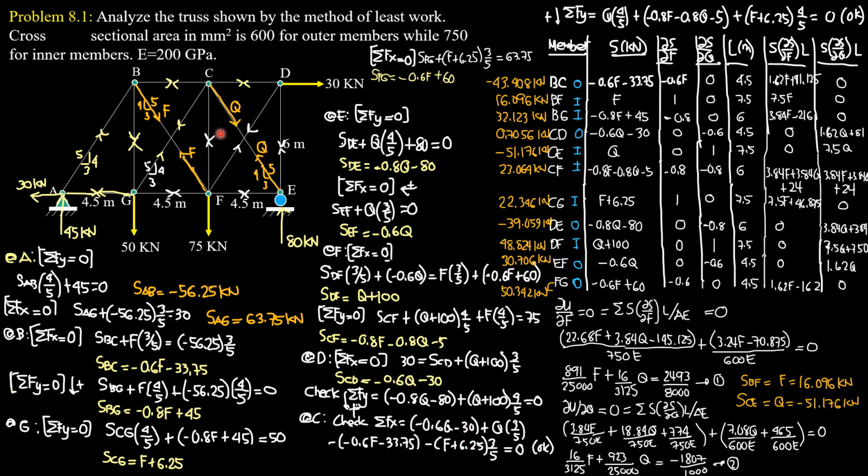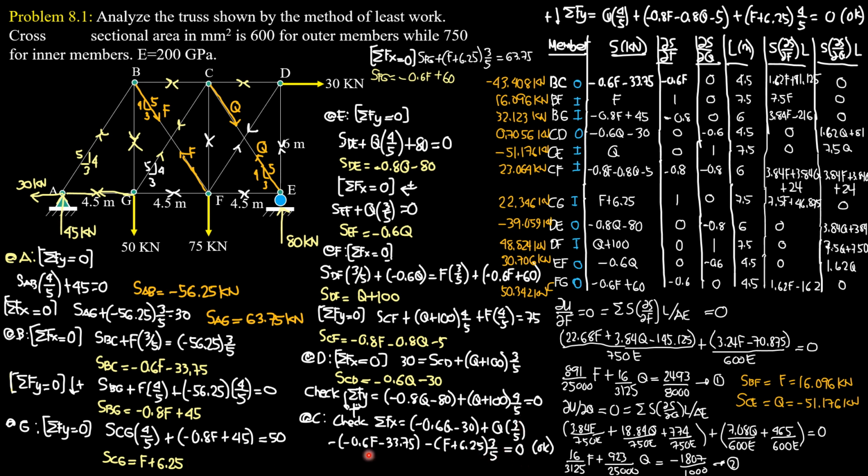Then we check the equilibrium at C, summation of forces X: SCD, which is negative 0.6 Q minus 30, plus the horizontal component of Q, which is Q times 3/5, minus SBC, which is the quantity negative 0.6 F minus 33.75, minus the horizontal component of SCG, the quantity F plus 6.25 times 3/5.